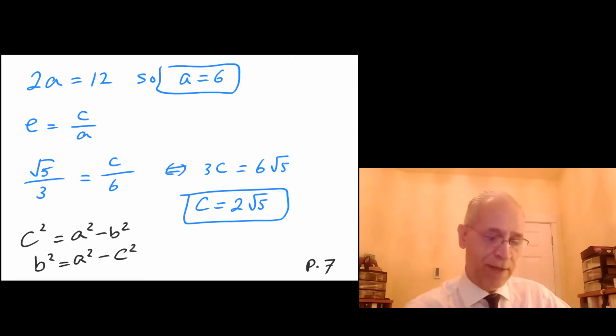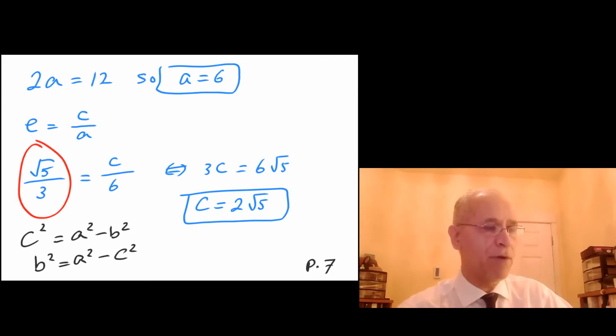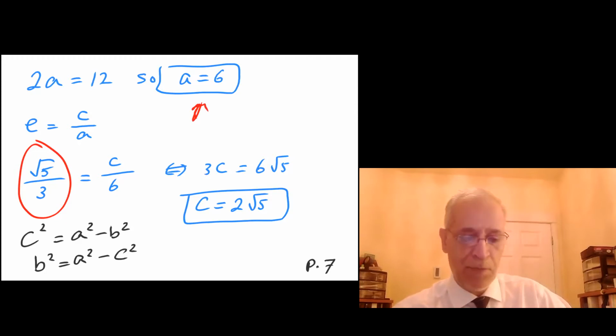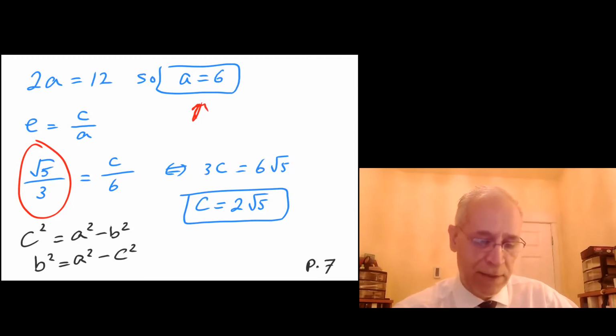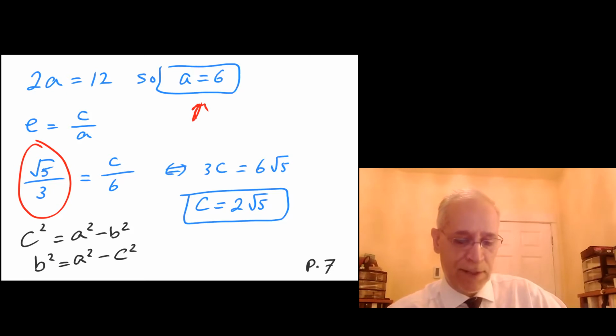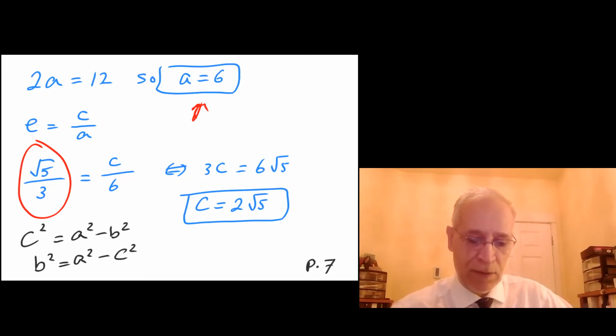The value of e was given as √5/3, and that equals c over a, and we found that a equals 6. By cross multiplication, I get 3c equals 6√5. Divide both sides by 3, and I get c equals 2√5.